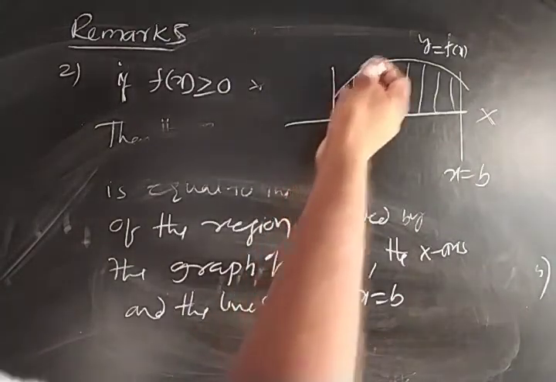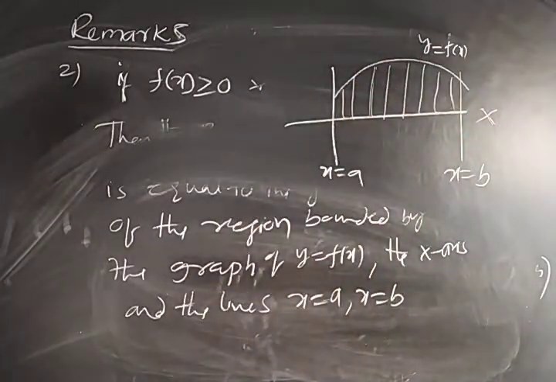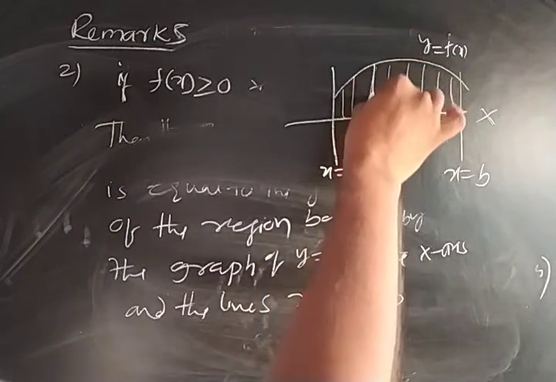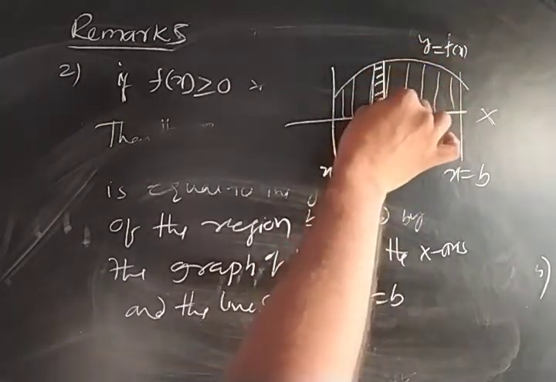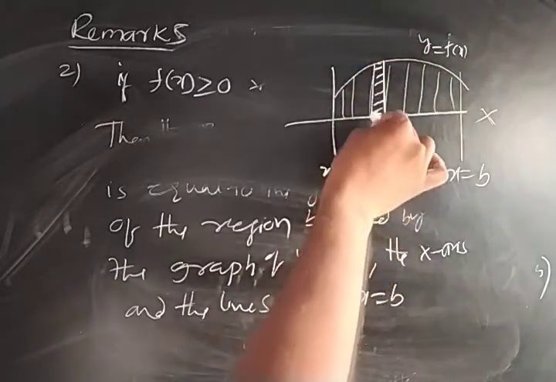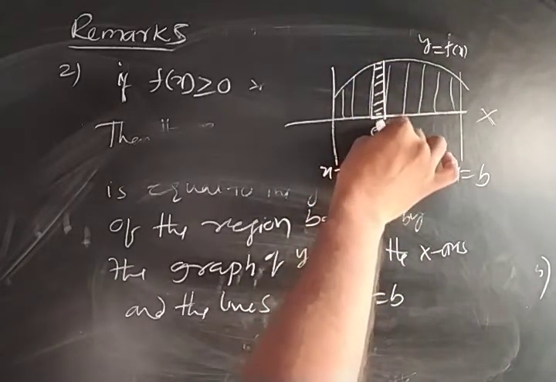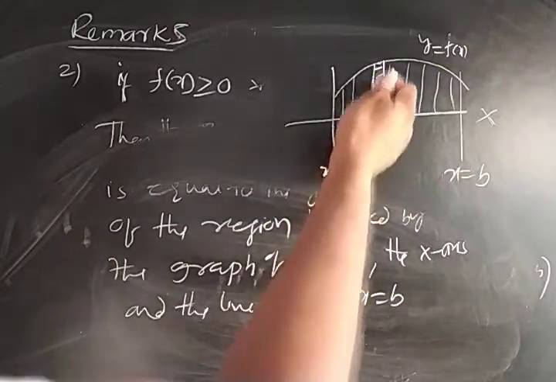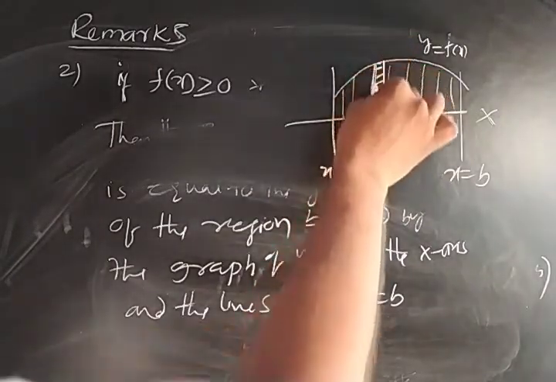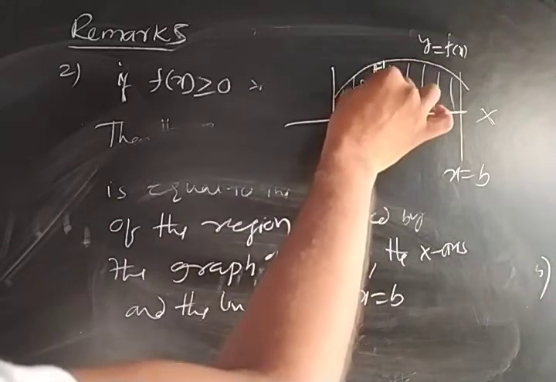Okay. So to find this total area by using integration, we have to take one small strip in this area. Its width we take as dx, small change in x, and the height of the rectangle we take as f of x.